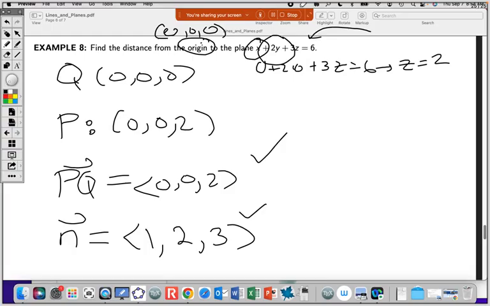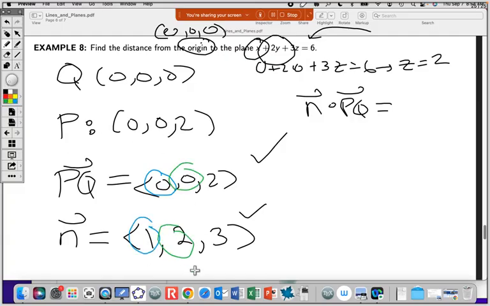So now I just fire up the formula. I take n dot pq, and how do we get the dot product of two vectors? We multiply the corresponding components. Yes, thank you. I went the wrong way.